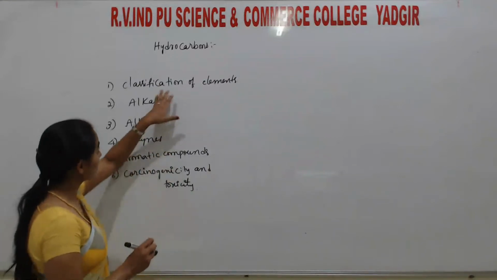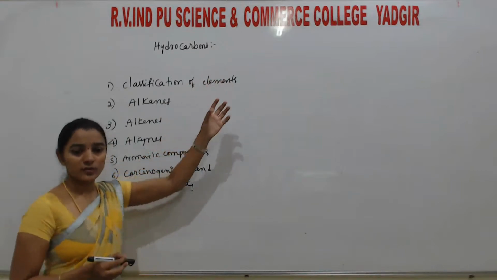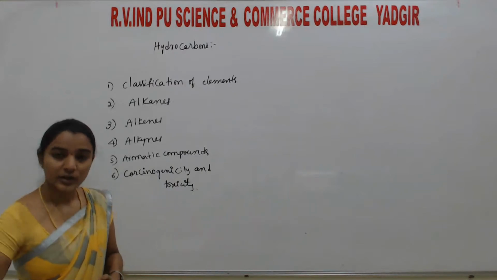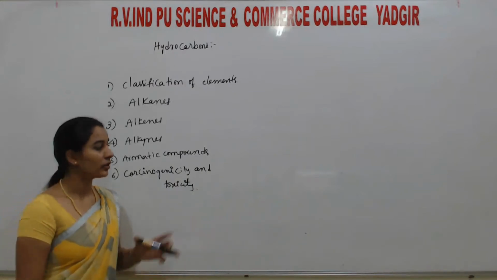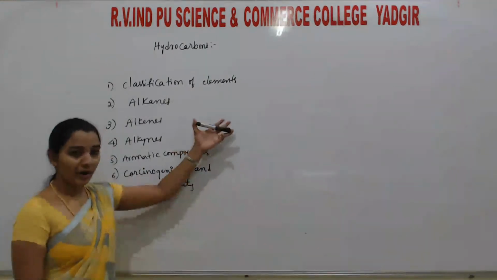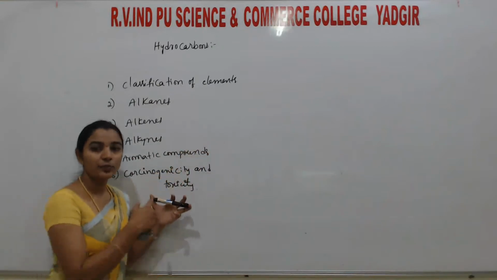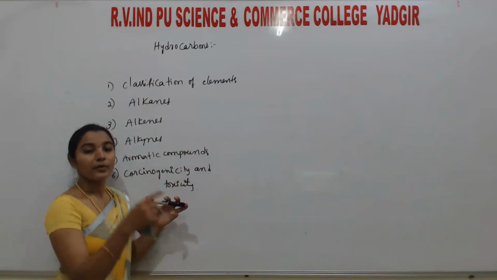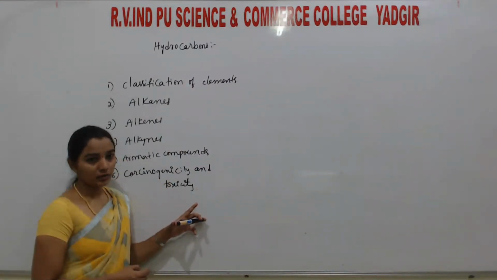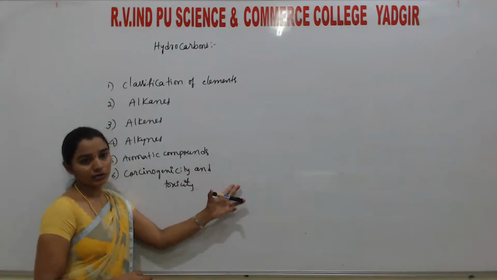So students, the classification of the elements, that is, matter, and it is converted into something. I already discussed this in the very first chapter, some basic principles and concepts of organic chemistry. In that I already explained that matter is classified into pure substance and mixture. Pure substance is further classified into element and compound, and mixtures are classified as homogeneous and heterogeneous.